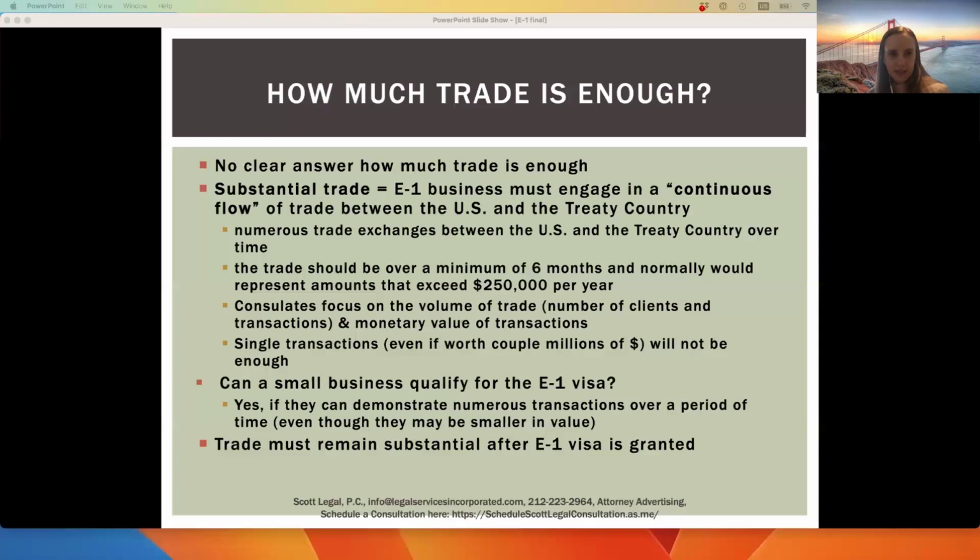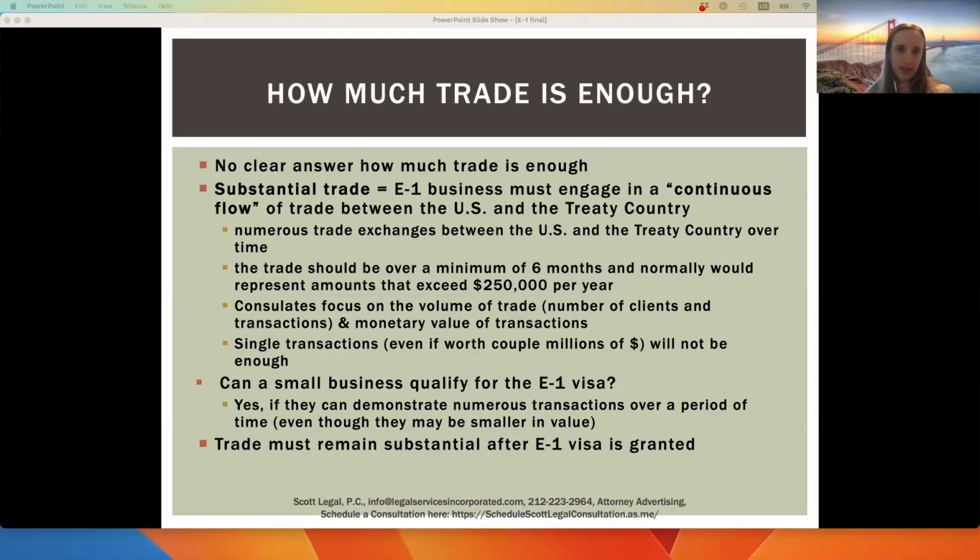In this case, even if you don't meet the general recommendation, as I said, the $250,000, but let's say the trade is $150,000, but you have, for example, 30, 40 different clients, and with each client, in the last 2 years, you have done 20, 30 transactions. You could potentially still qualify for the E-1 visa, even if the monetary value of the transactions per year is on the lower side.